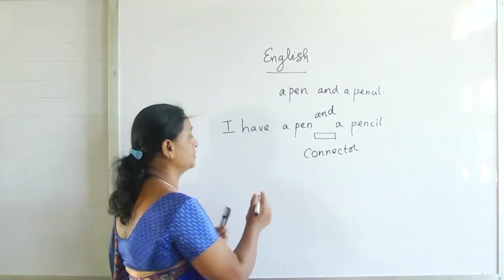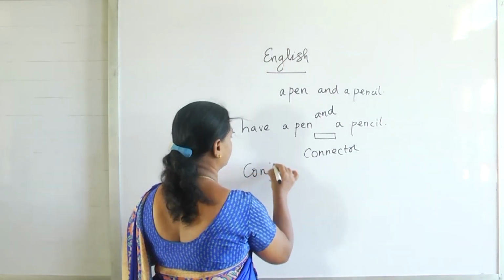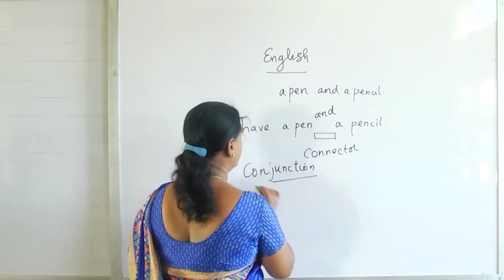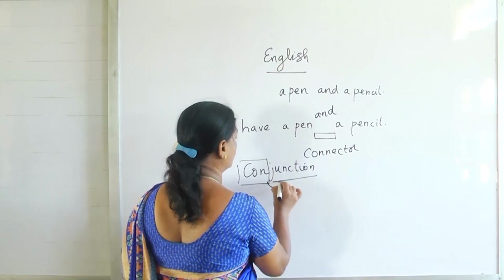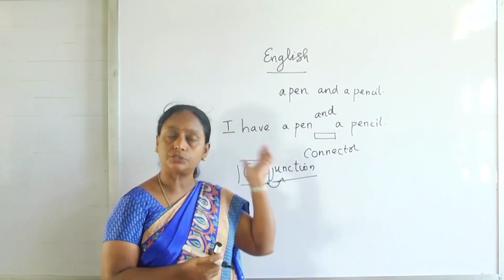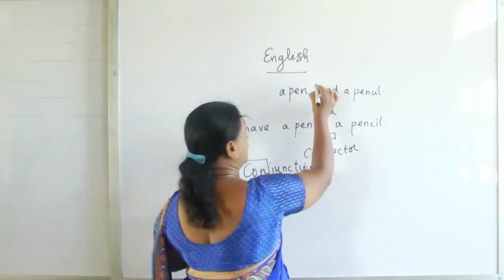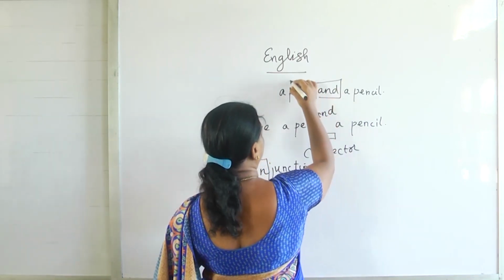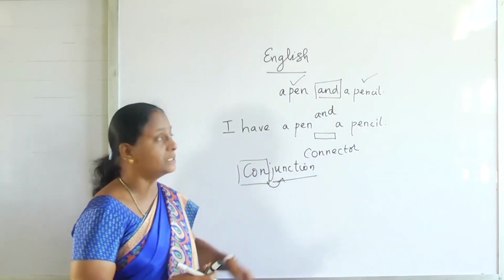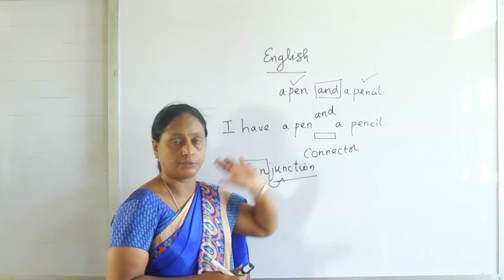What is meant by conjunction? It's a connecting word to join. So this word joins this pen and the pencil. Join the two words, pen and pencil.